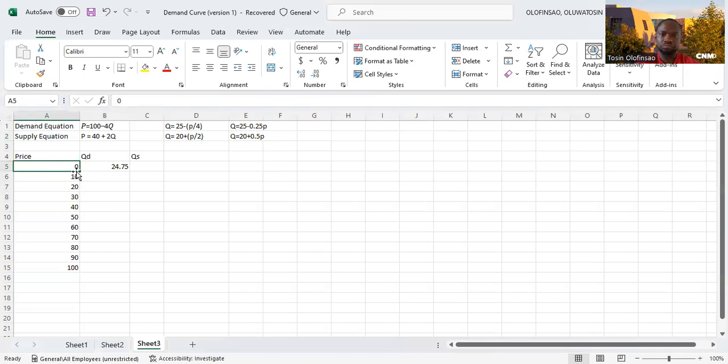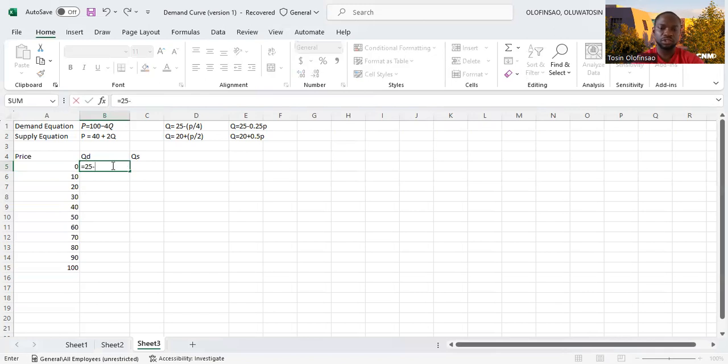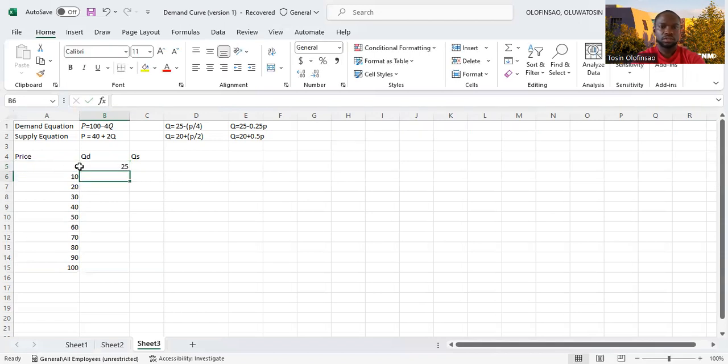Or if you want to say, you can say equals 25 minus P divided by 4. So it depends on how you want to do it.